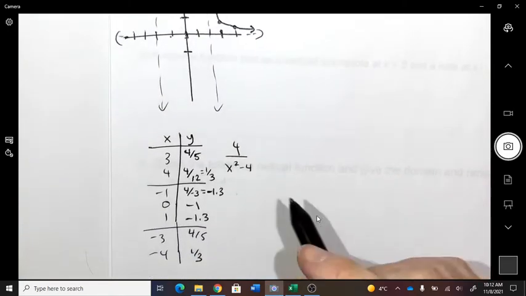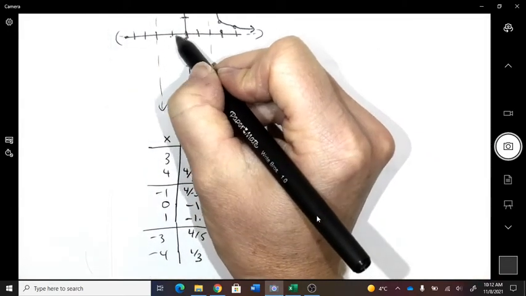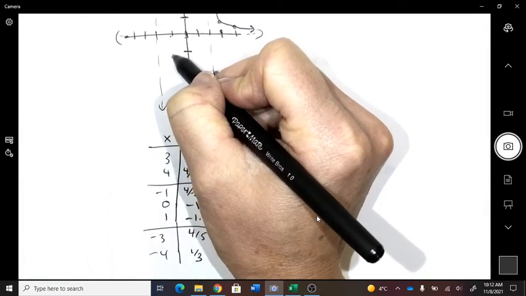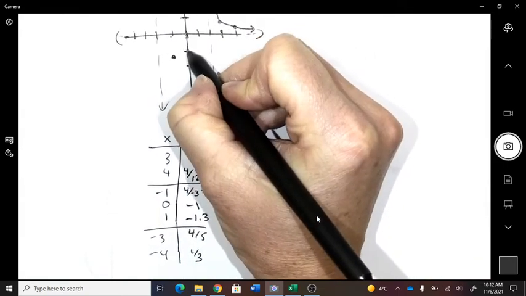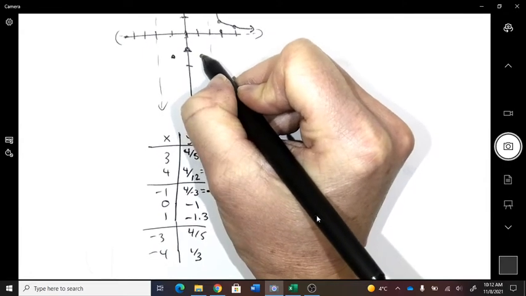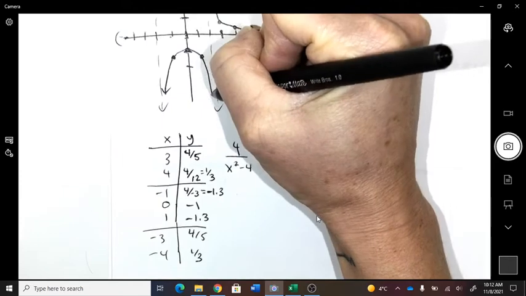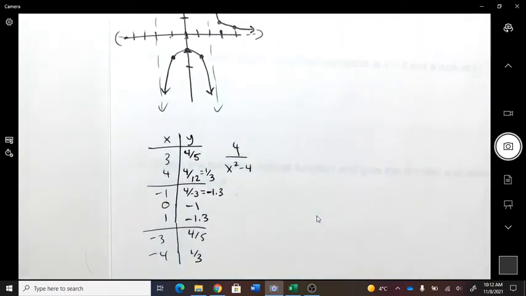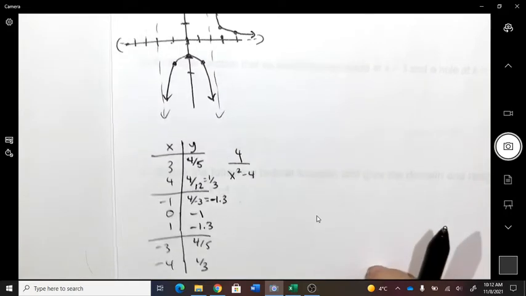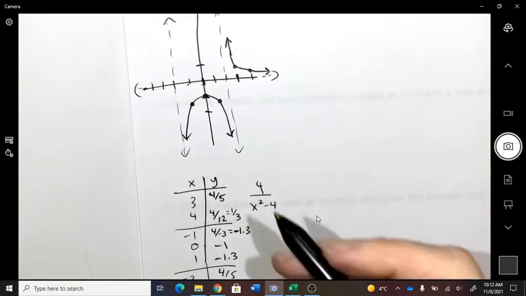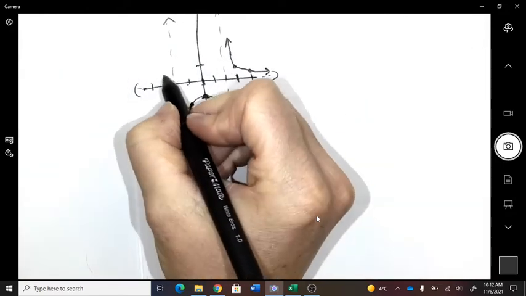Okay, -1, comma, -1.3, 0, -1. Okay, and the left-hand side mirrors the right side.